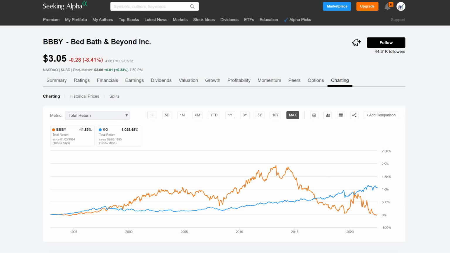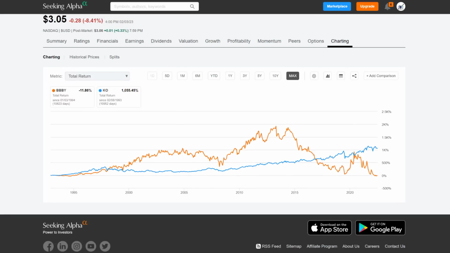And so you can see with Bed Bath & Beyond, there have been years where it has absolutely crushed Coca-Cola in terms of total return. But the thing I want to highlight, as a dividend growth investor, is that ideally you don't want to see this volatility, these massive upswings and downswings.